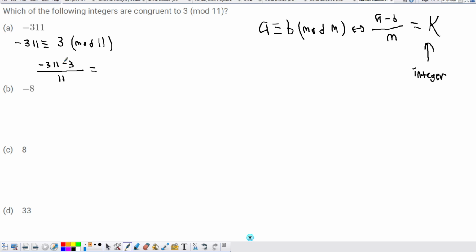Negative 311 minus 3 is negative 314. Divide that by 11, and it's about negative 28.54. So they would not be congruent.